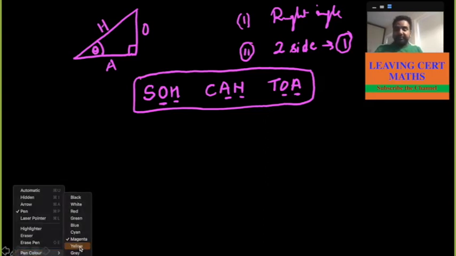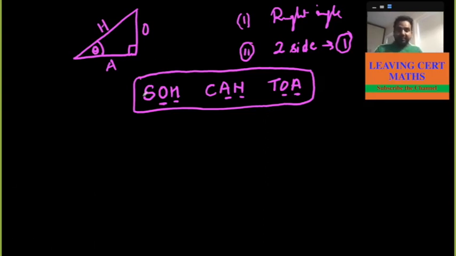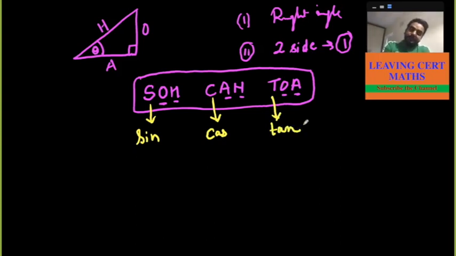Now I will tell you what is the purpose of this. S means sine, C means cos, T means tan, right? Now you know these are trigonometric functions, so there will be an angle associated with them.